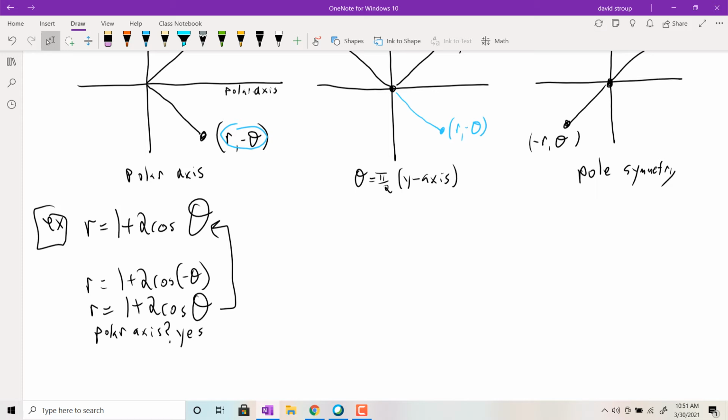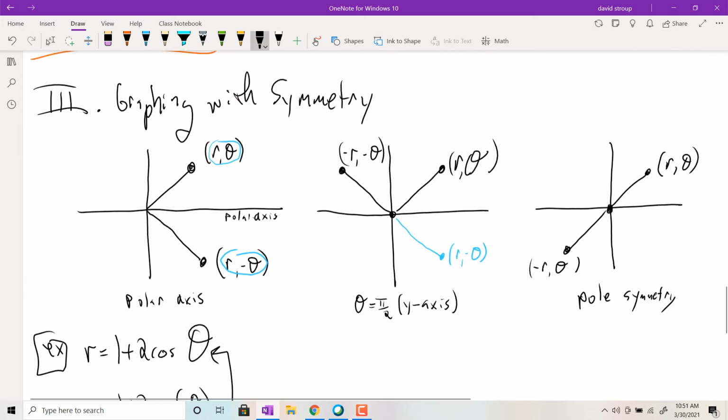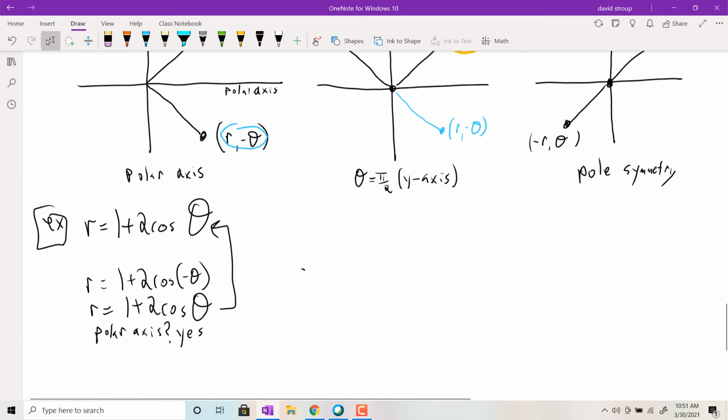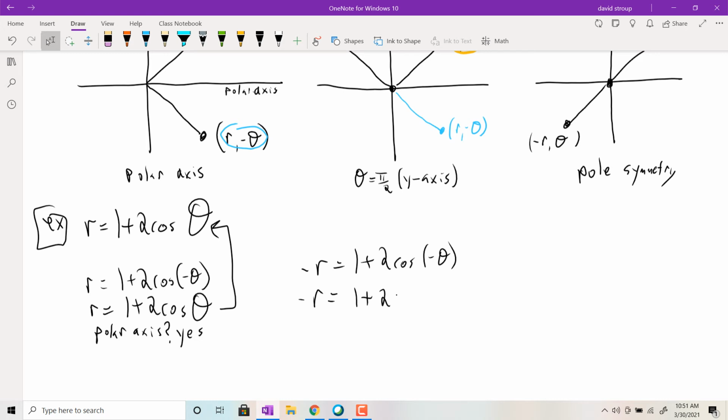The next one, we want to try for y-axis symmetry. So we're seeing what happens when we replace r and theta with negative r and negative theta. Negative r equals 1 plus 2 cosine of negative theta. So negative r equals 1 plus 2 cosine theta, and that's clearly not the same thing as what we started with.